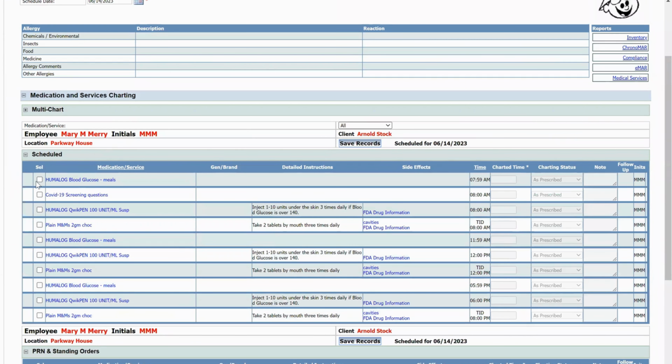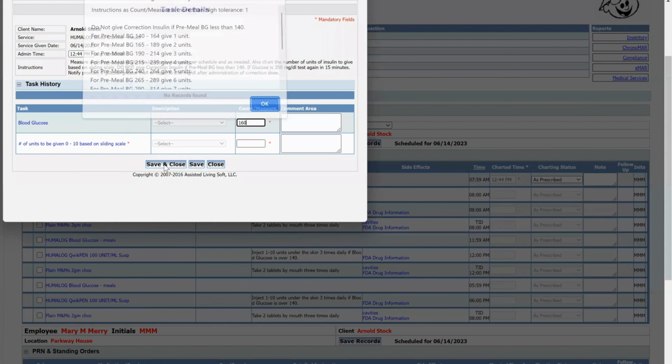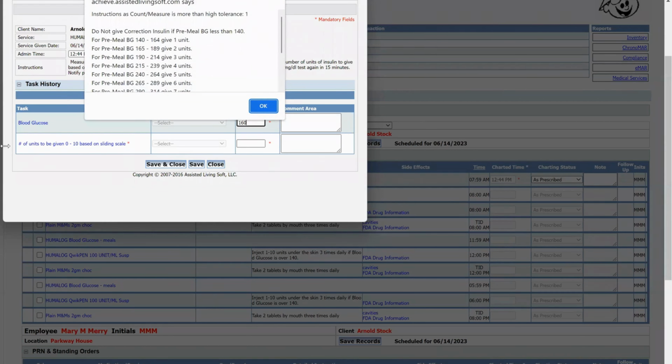So this is what they would see. Here's the Humalog blood glucose with meals set for 7:59 a.m. The user would test. Let's say they came up to 160, and they will not click save. Well, they could, because this is a required field.